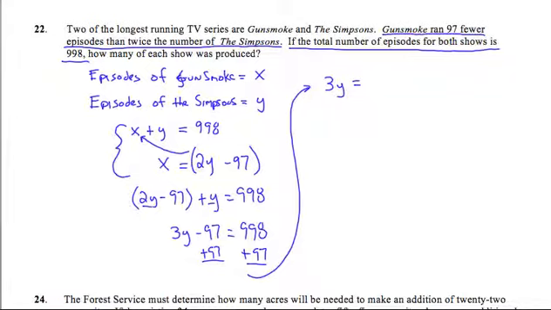And if I add 998 and 97 together, it's going to give me 1095. Divide by 3. I get 365. So it looks like I've just found the number of episodes for The Simpsons.